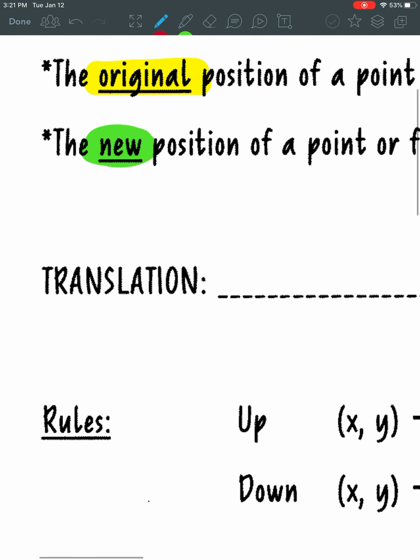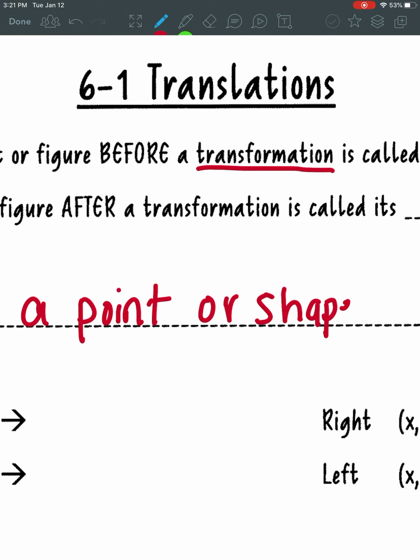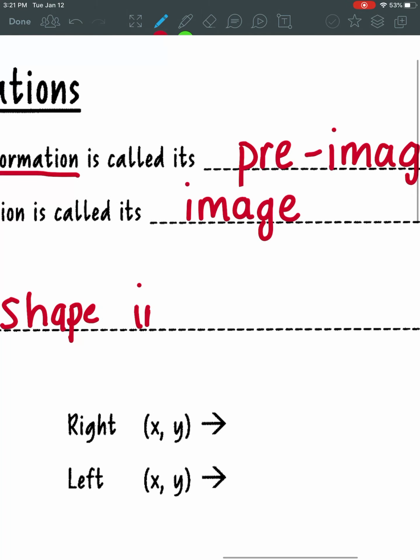The definition for a translation is sliding a point or shape, because you may be moving the whole thing, in different directions.